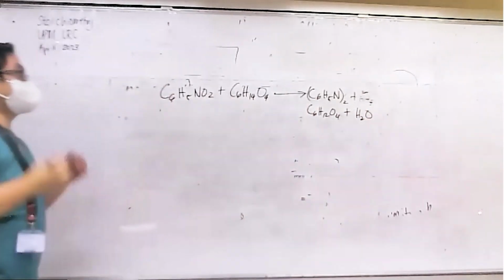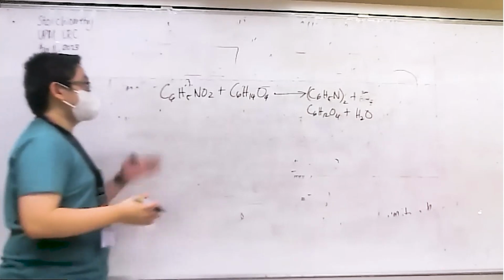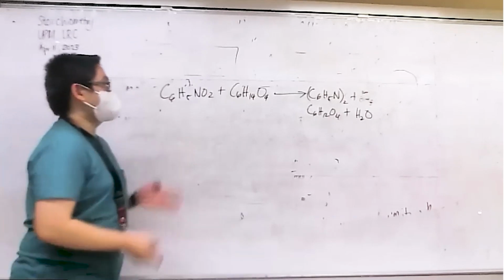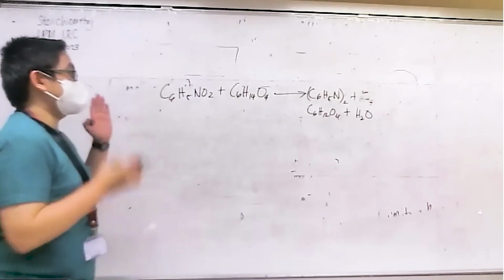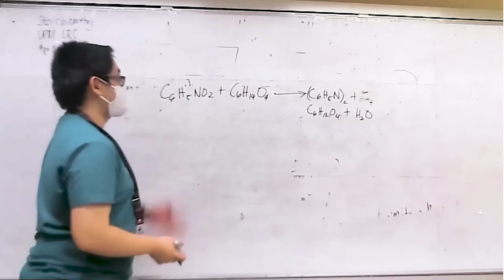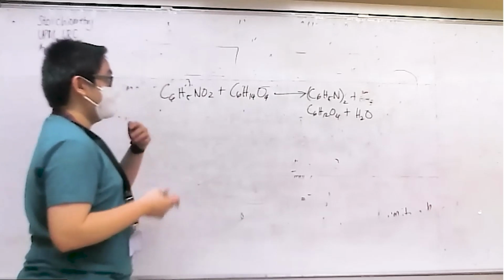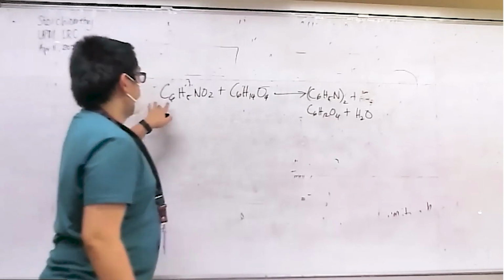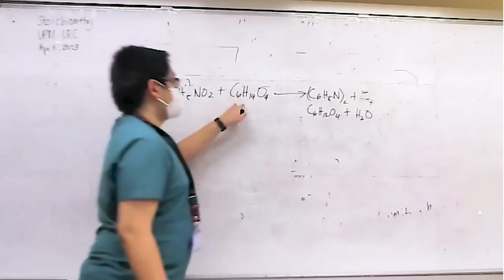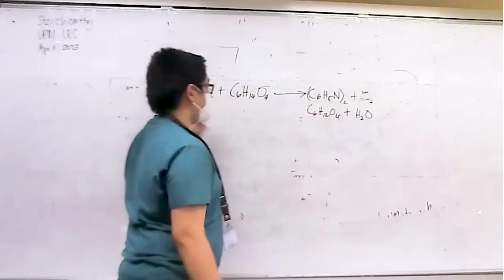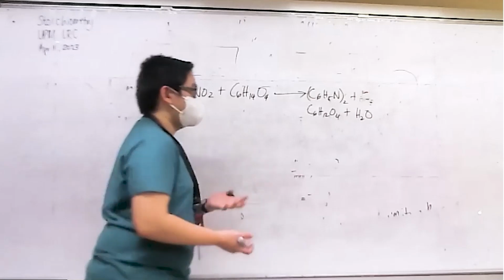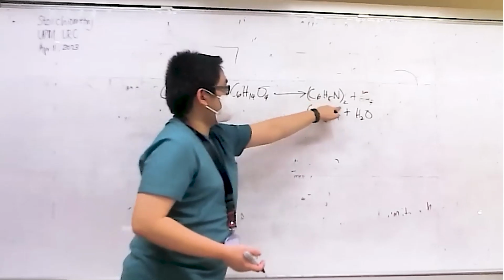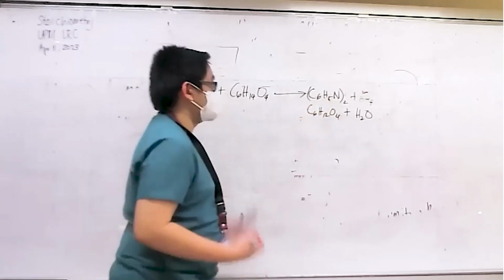So, okay. First, since you have a reaction, the first thing you need to do is to check if your reaction is balanced. And I also put it in the PowerPoint, it is really not balanced. And I leave it to you to check whether it is balanced or not, so you know how to check if it's balanced or not. You just look at, for example, your carbon: 6 carbon here and 6 carbon here, so 6 plus 6, 12 carbon on the reactant side, and by the law of conservation of mass, it should also be 12. But we can see here, 6 times 2, that's 12 plus 6, so it's 18 already.